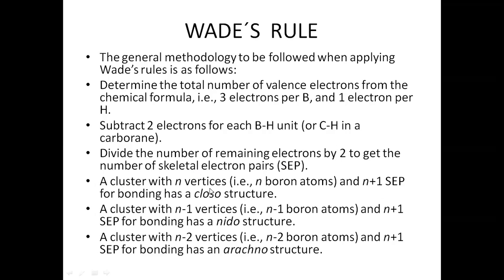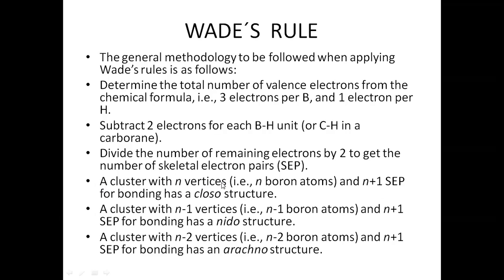Vertices means corners, or apex points. At these vertices the boron atoms reside. So each and every corner of a cluster will be occupied by boron atoms.